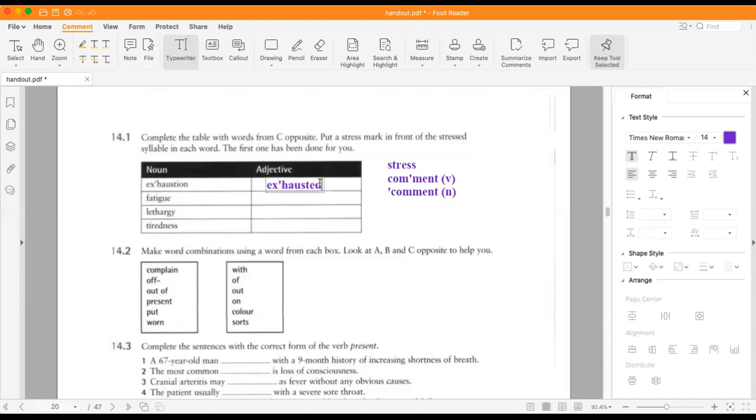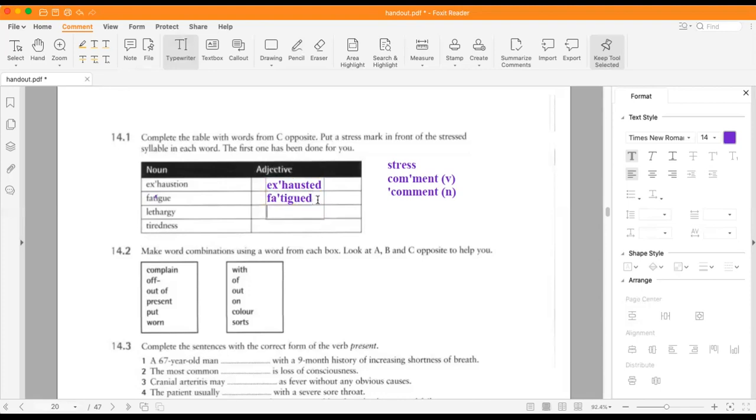What about fatigue? The adjective from fatigue is fatigued. Where is the stress? The stress is here on the second part, fatigued. Right? And here also, the stress is also in the second part.